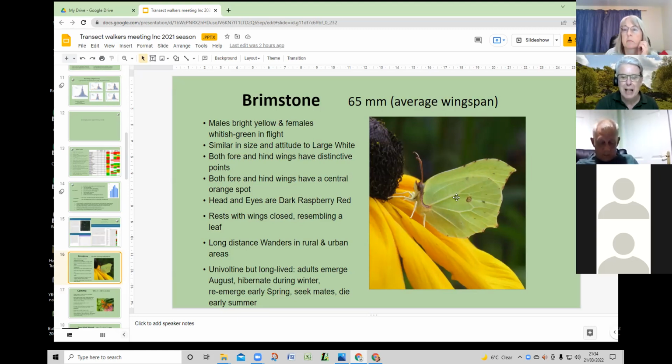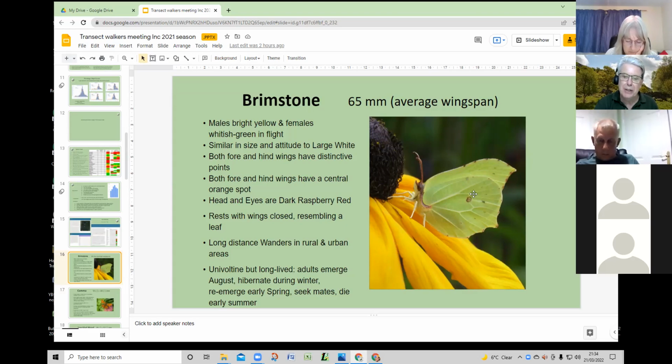But the way to tell the female, which is a large white, as I say, is a pale green, a whitish pale green. And the other things you can see, usually if they slow when they're landing onto the flower, you'll see the points on their wings.